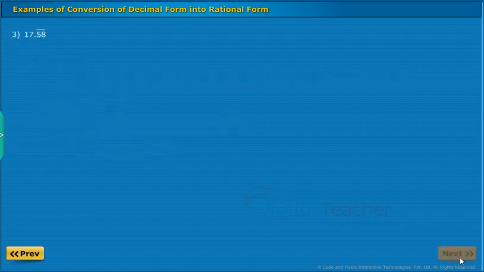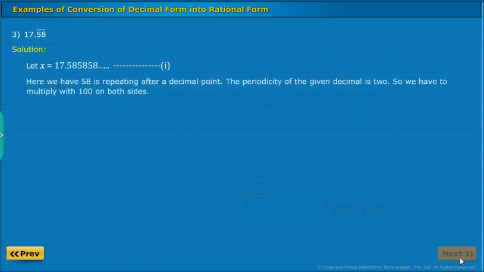17.58 bar. Solution. Let x be 17.58, 58, 58 and so on, and let us represent it as equation 1. Here, we have 58 repeating after a decimal point. The periodicity of the given decimal is 2. So, we have to multiply with 100 on both sides.